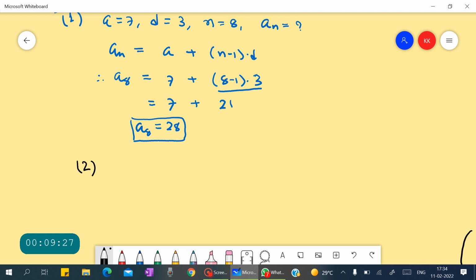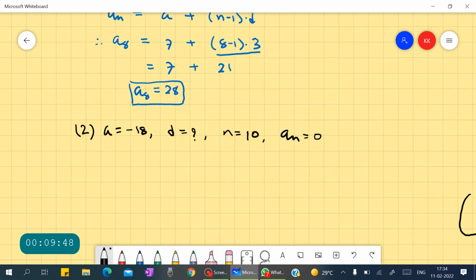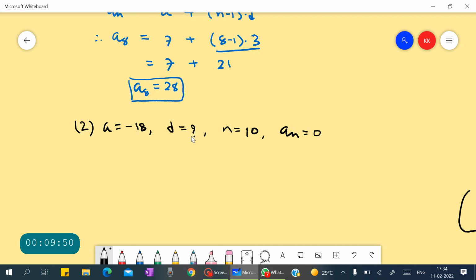Now, in the next question, a is given as minus 18, and d is to be obtained. Now see here, n is given as 10 and an is given as 0. So the formula is an equals a plus n minus 1 into d.